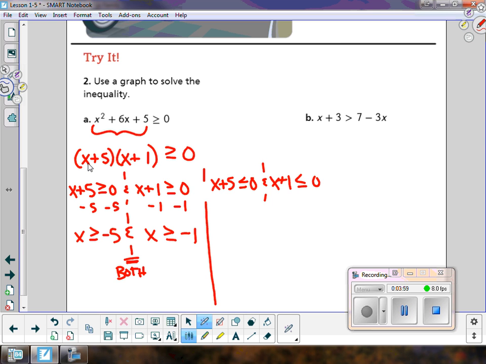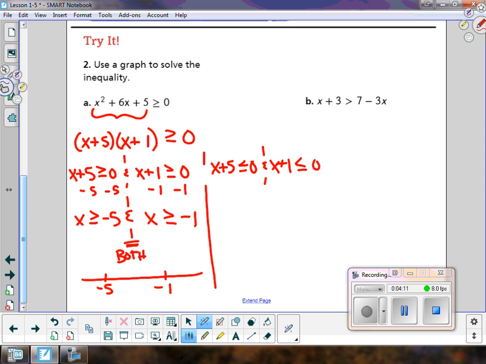So if we think about x being greater than or equal to -5 and greater than or equal to -1, if you think about a number line, where do the blue and the green both exist?